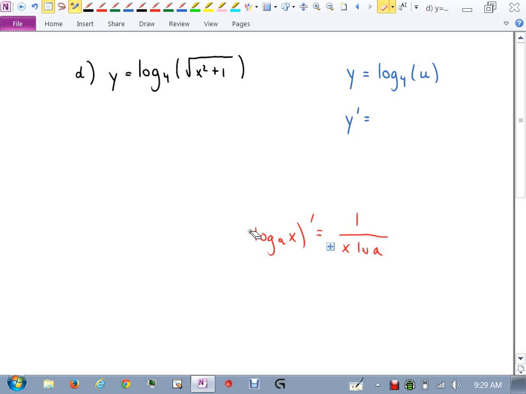So up here, I have 1 over, not x, but what? 1 over, my variable is u, right? u natural log 4. The derivative of log base 4 of u is 1 over u natural log 4, by the formula. But because there's chain rule involved here, I then multiply that by the derivative of whatever u was, right? Okay, now, let's talk about what u was.